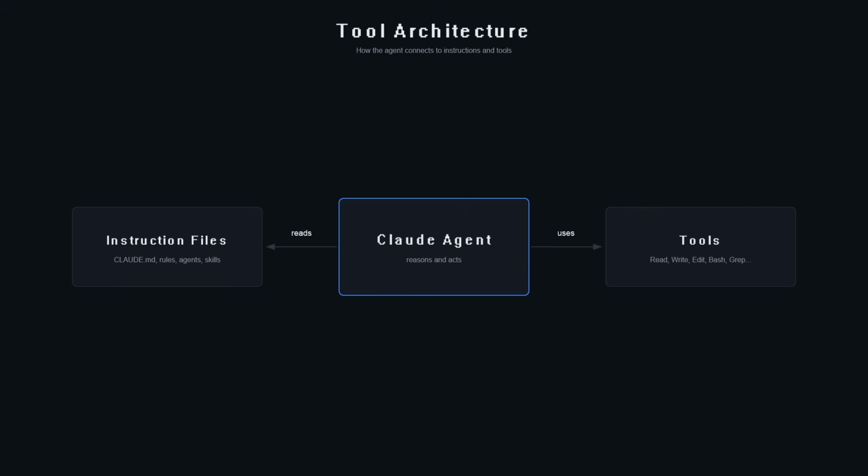So it does not only use them, it also updates them, improves the quality of the tools, and then uses the tools. The same also works for the instruction files. It does not only use the instruction files, you can also give the agent feedback later on, and then the agent will update and improve the quality of the instruction files. So the agent improves the quality of instruction files and tools and uses them to create the best result for you possible.